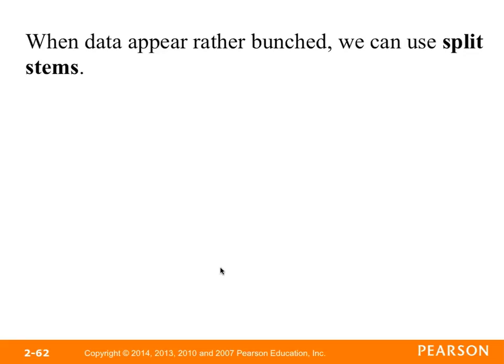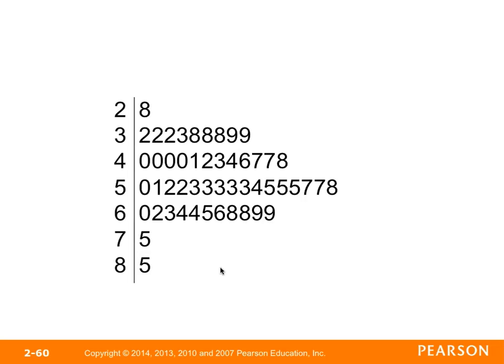When data appears kind of bunched together, we can use split stems. One thing before we talk about this, I want to go back to our stem and leaf plot here for a second. I want to point out, this is nice because it still includes our original data. So this is a graphical representation where we haven't actually lost our raw data. So we can still read what all of the observations are.